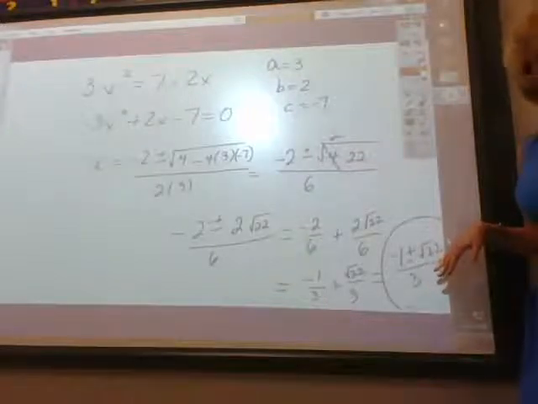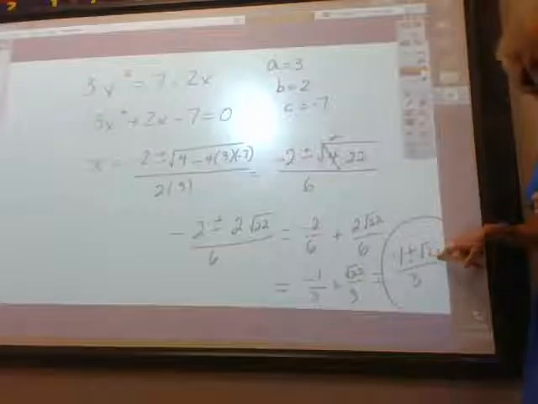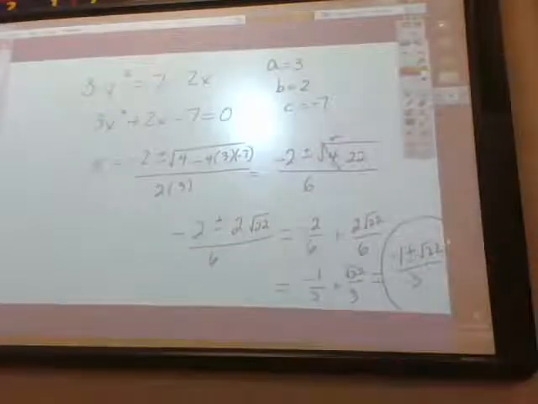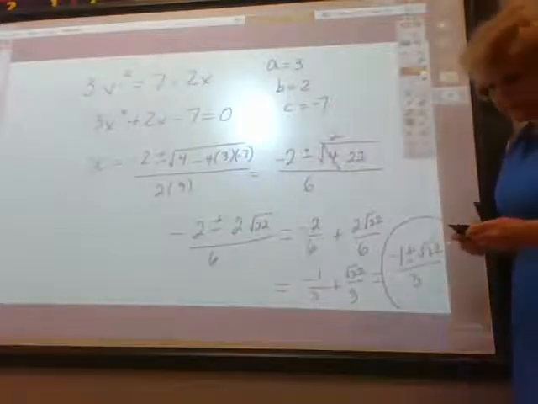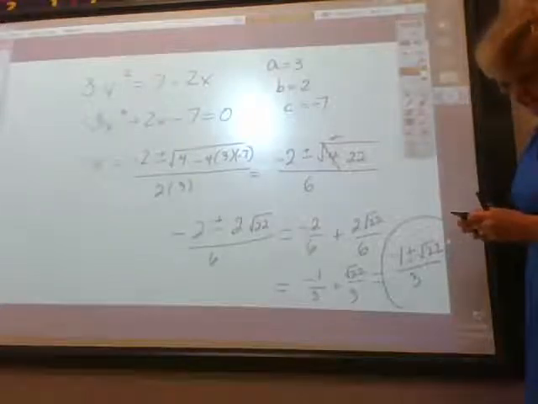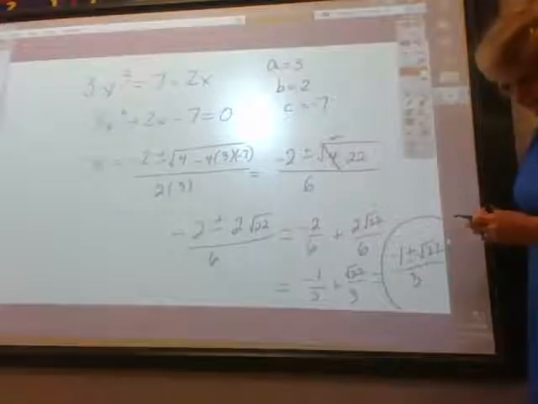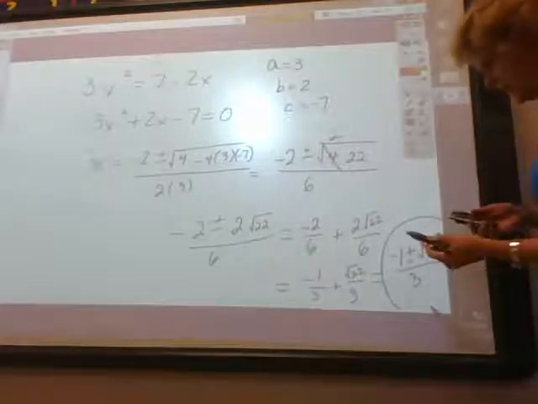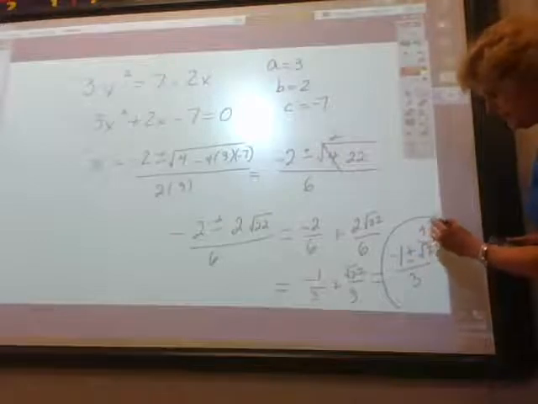The book does plug this into the calculator, and apparently that would be, I don't have that memorized, so let me see what that is. 22, the square root, and we would, hold on here. So 4.7, we'll just round it.